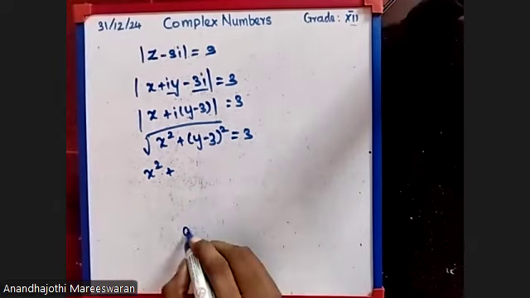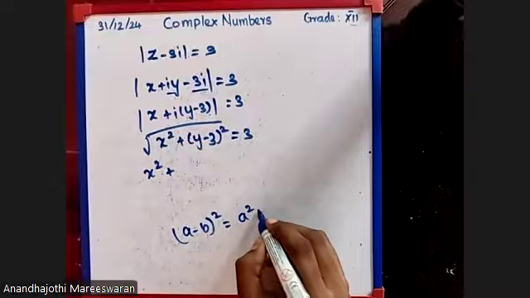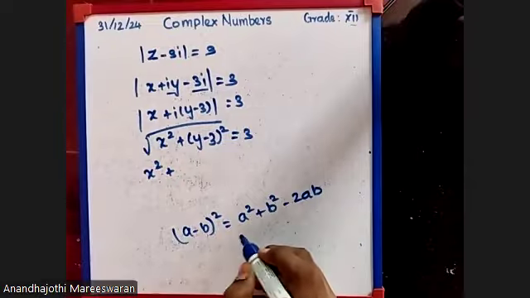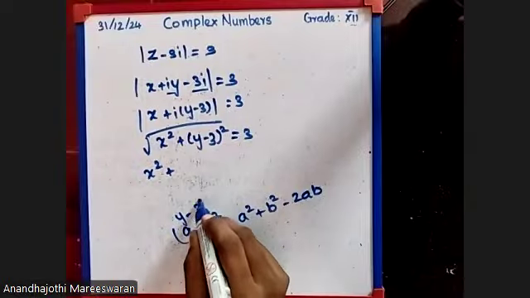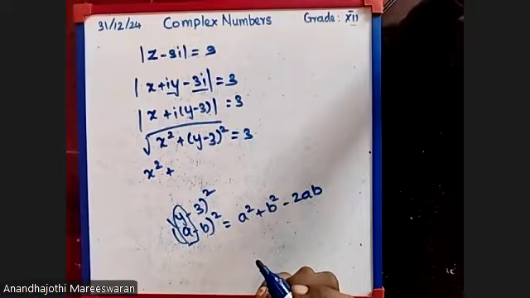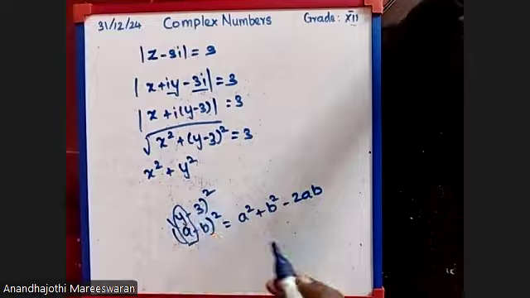It will be in the form of a minus b the whole square, which equals a squared plus b squared minus 2ab. Who is in the place of a? y. So y squared. Who is in the place of b? 3.